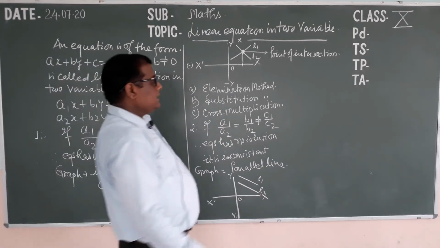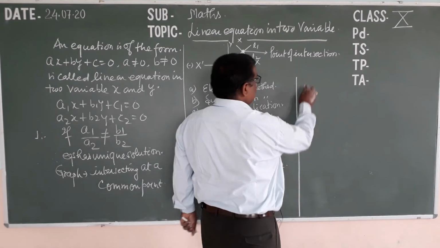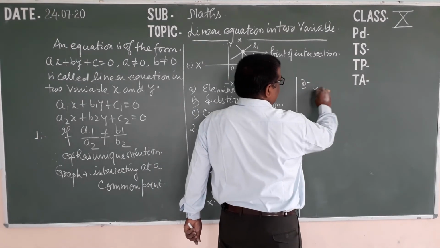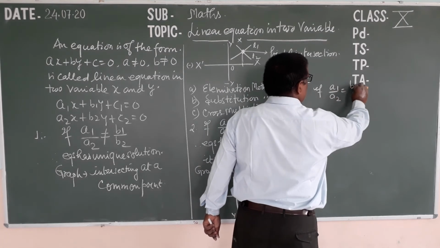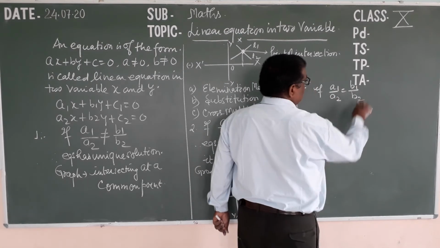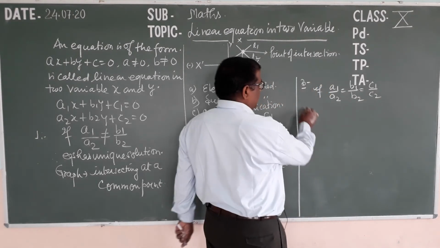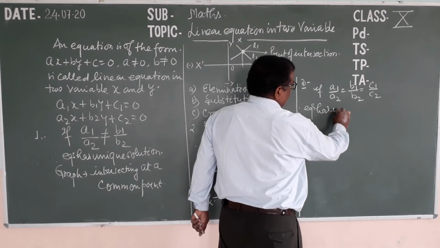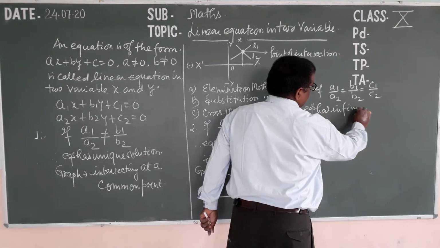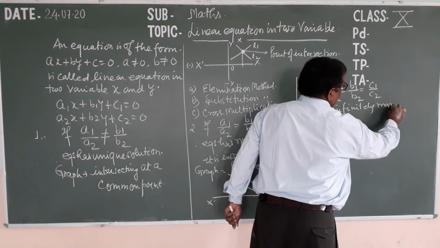Now the third condition is: if a1 upon a2 is equal to b1 upon b2 is also equal to c1 upon c2, therefore the equation has infinitely many solutions.